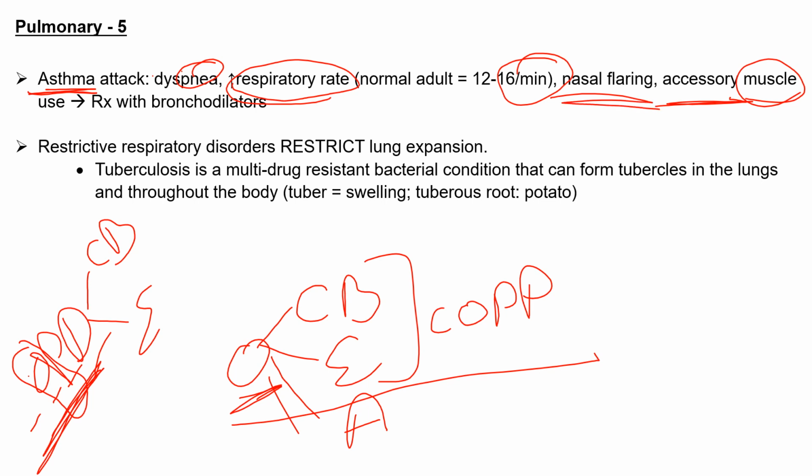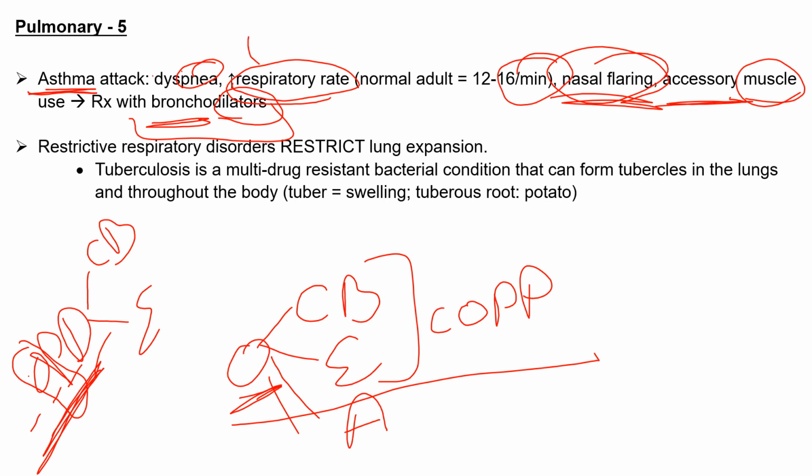Nasal flaring is also seen in those patients. Patients are not getting enough air. They're going to do anything to get that air in. And we want to help those patients, want to dilate their bronchi, and we use medications called bronchodilators.